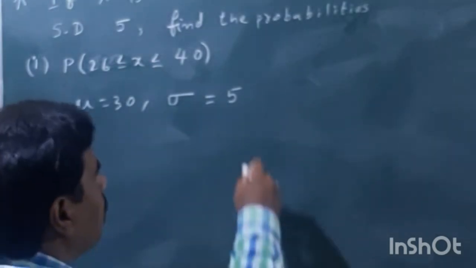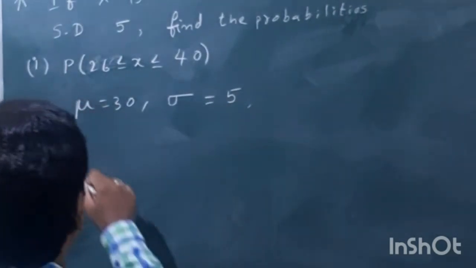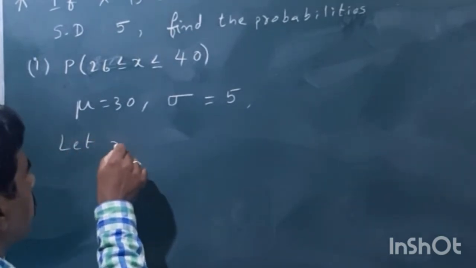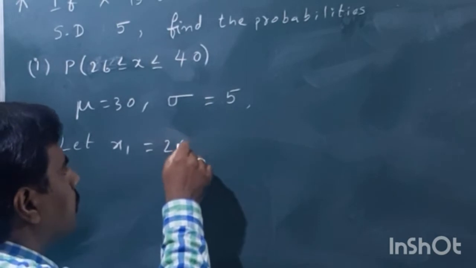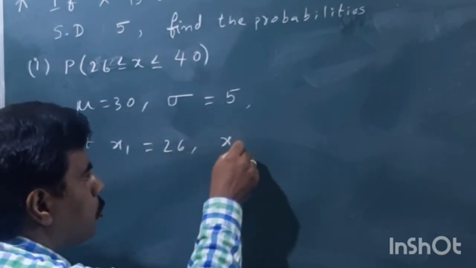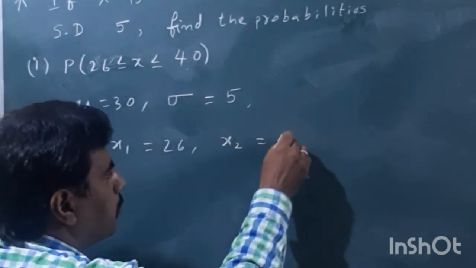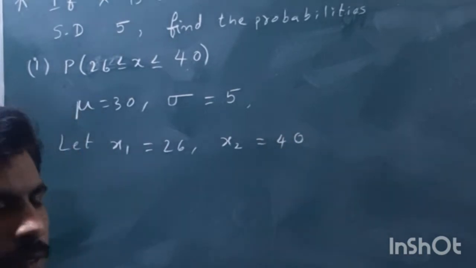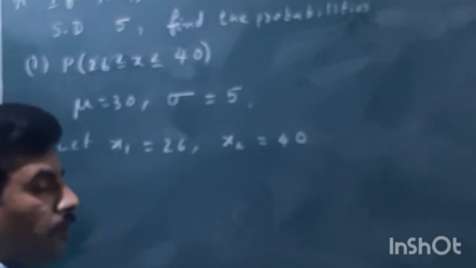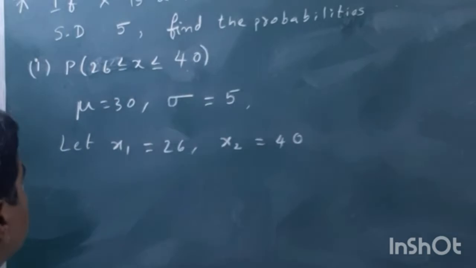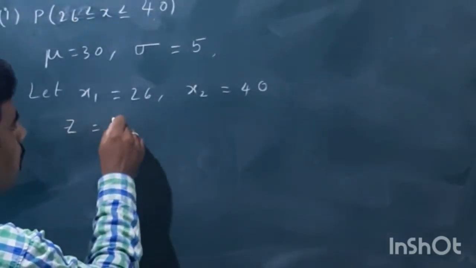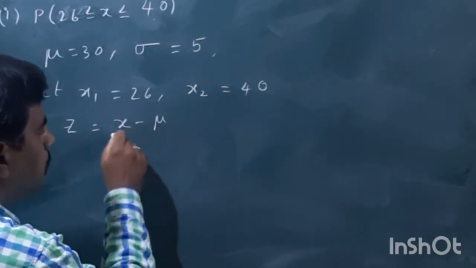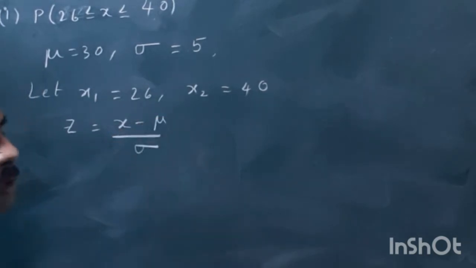Now let x1 is equal to 26 and x2 is equal to 40. Now we will find the z values. We know that z is given by x minus mu by sigma.